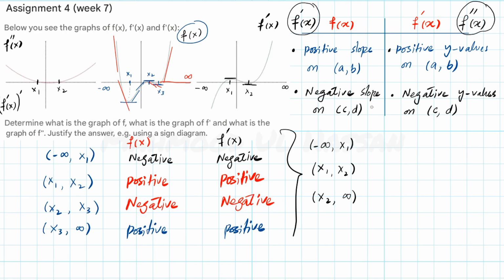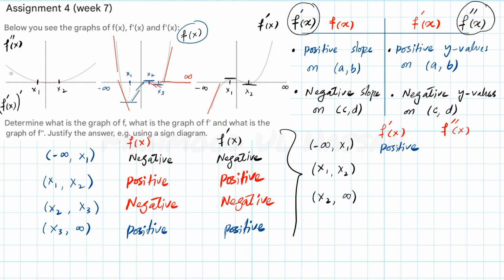Okay, and now f prime of x, you can see the slope of the f prime of x graph from negative infinity to x1 is positive or negative. That is clearly positive, you can see. So from negative infinity to x1, the slope of f prime of x is positive. And what about the y values on f double prime of x?